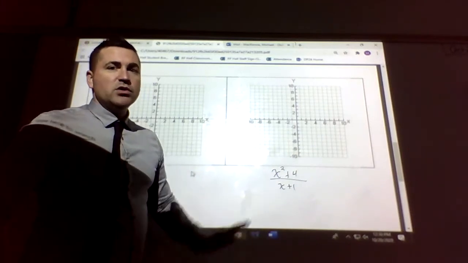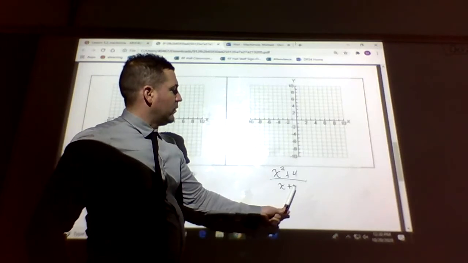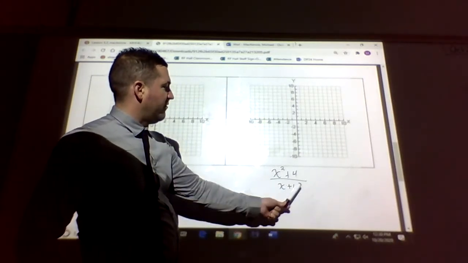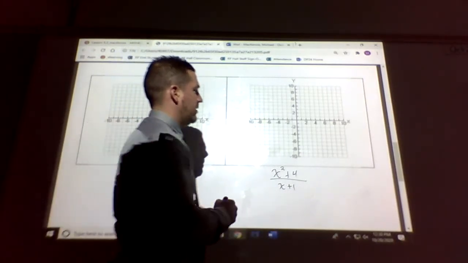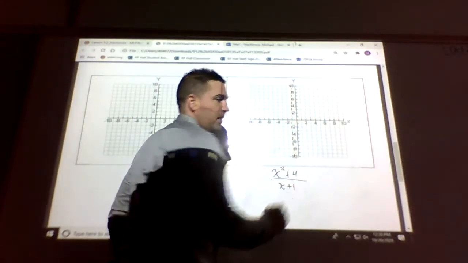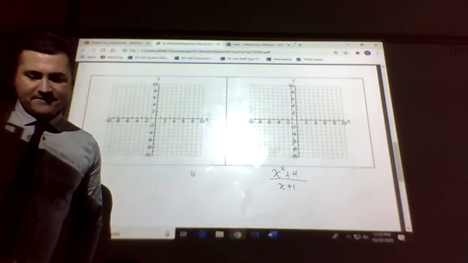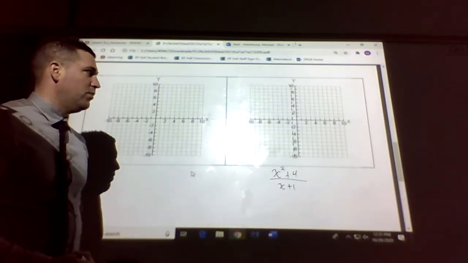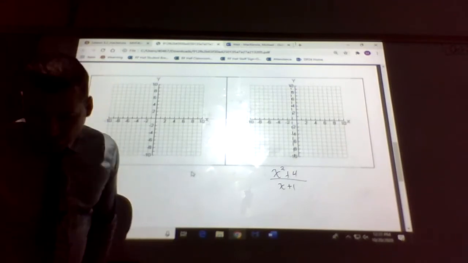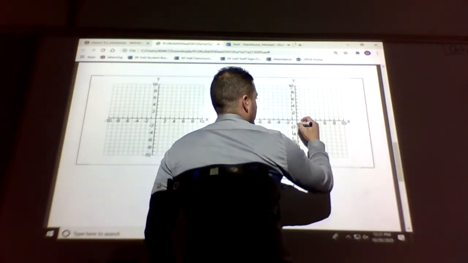So this means there's going to be an oblique asymptote. But before I draw that, I'm going to put my vertical asymptote. My vertical asymptote is at x equals -1. My vertical asymptote's there, and my oblique asymptote is going to go through here.